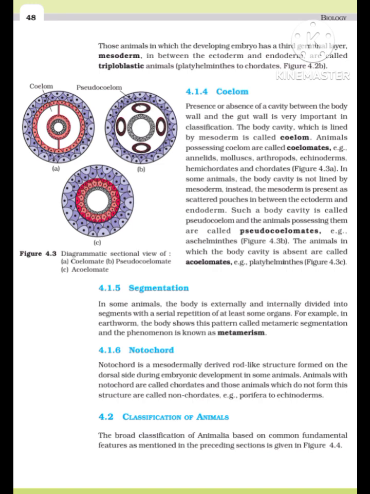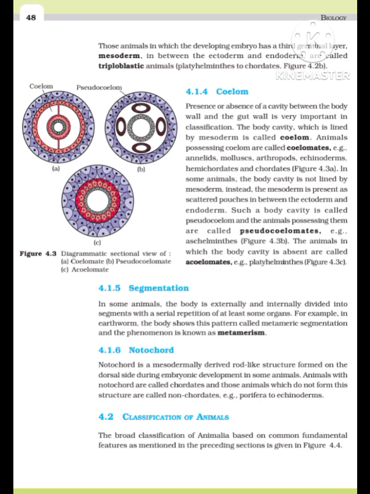The animals in which the body cavity is absent are called acoelomates, example Platyhelminthes, figure 4.3c. Segmentation. In some animals, the body is externally and internally divided into segments with a serial repetition of at least some organs. For example, in earthworm, the body shows this pattern called metameric segmentation, and the phenomenon is known as metamerism.